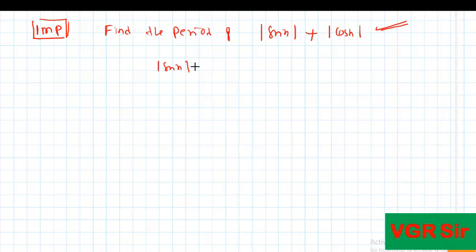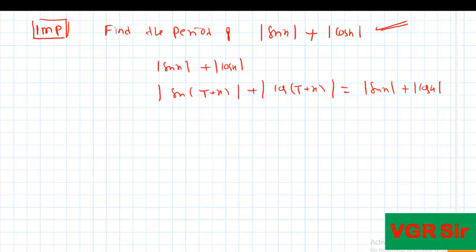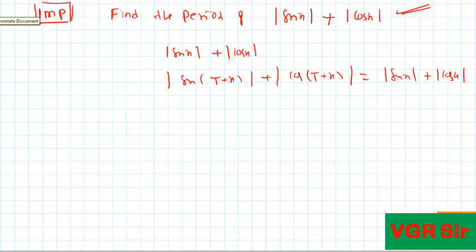Mod sin x plus mod cos x is given. Use the definition: mod of sin of t plus x plus mod of cos of t plus x should be equal to mod sin x plus mod cos x. Okay, students, put here t equal to pi.